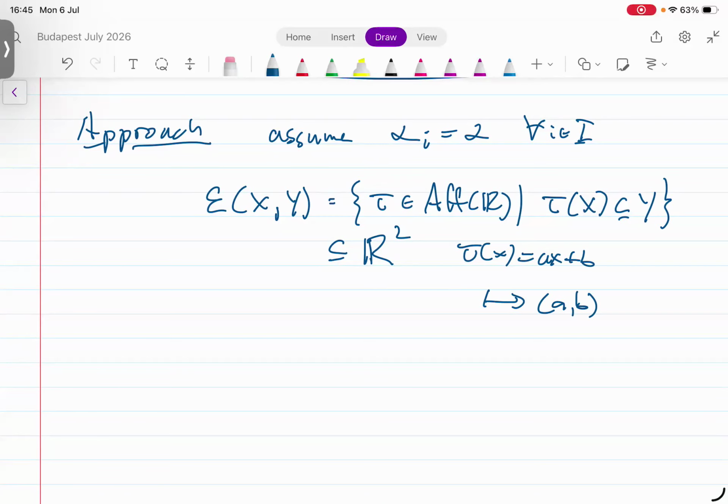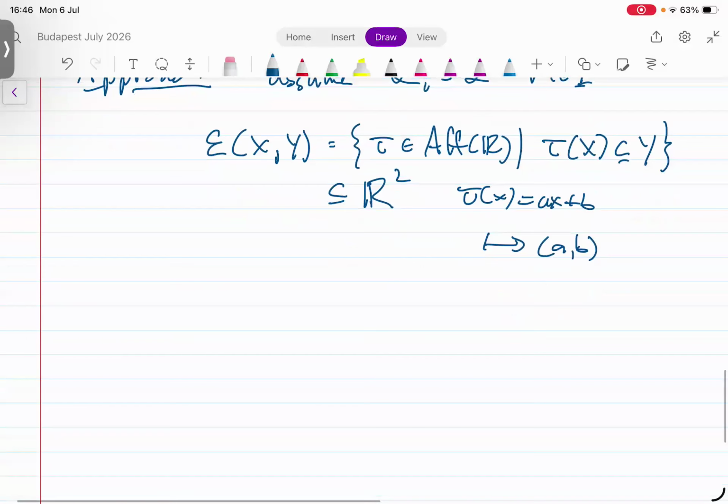It's not a good parameterization of the affine group, but it is as good as any other for our purposes.